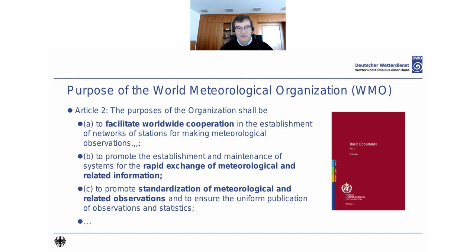Then, of course, data have to be exchanged, and therefore the next sentence is: to promote the establishment and maintenance of systems for a rapid exchange of meteorological and related information. So to establish the necessary infrastructure for a data exchange, and of course you need standards, data formats, for instance, and that's the next sentence: to promote standardization of meteorological and related observations. This was formulated at the end of the 40s of last century, and I think these sentences are still valid up to date.